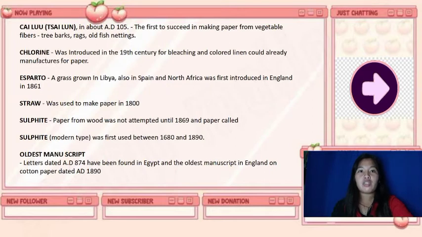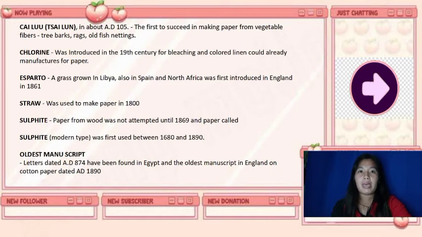Esparto, a grass grown in Libya, also in Spain and North Africa, was first introduced in England in 1861. Straw was used to make paper in the 1800s.